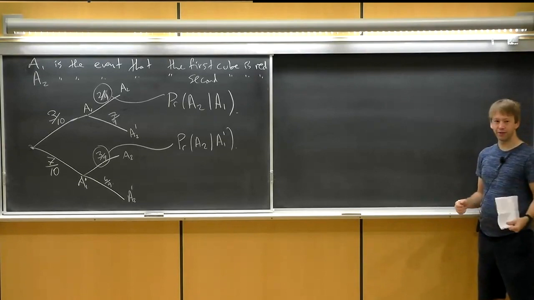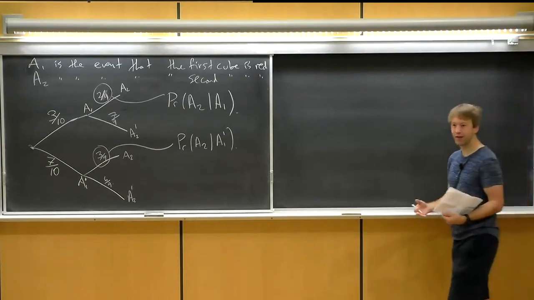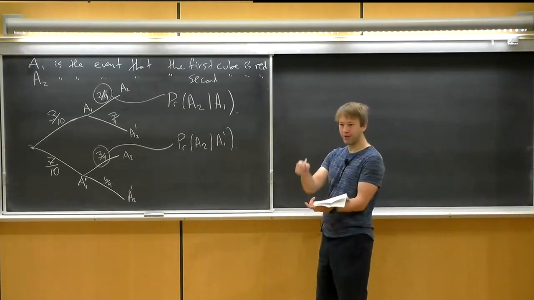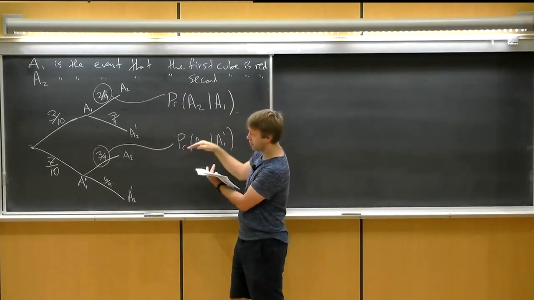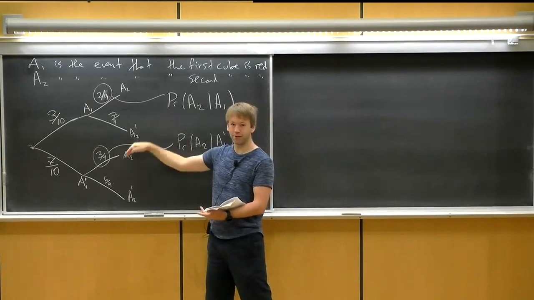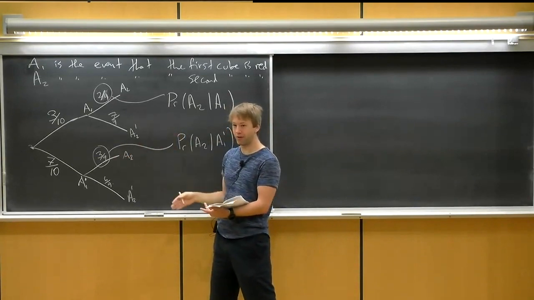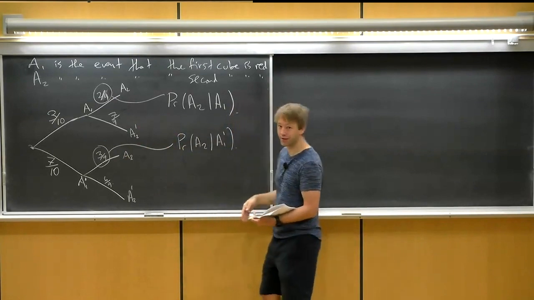So is it clear how I construct this tree? If you then picked out a third cube, you'd have a third column here. It would split into 2 possibilities, red or white, and you could label with the various other conditional probabilities.